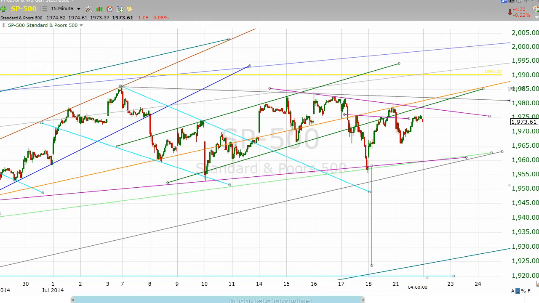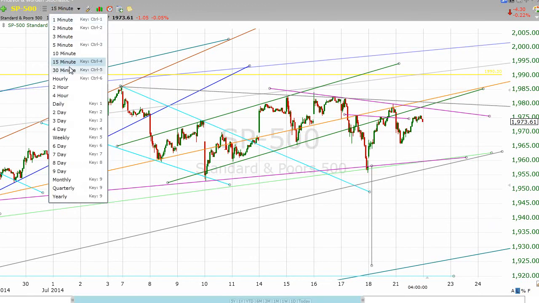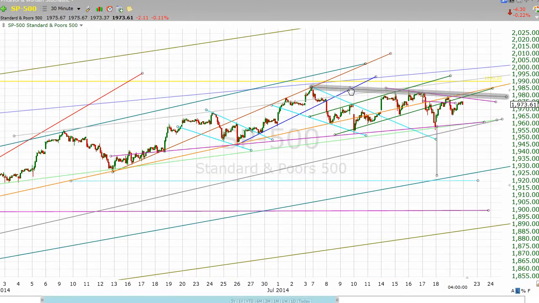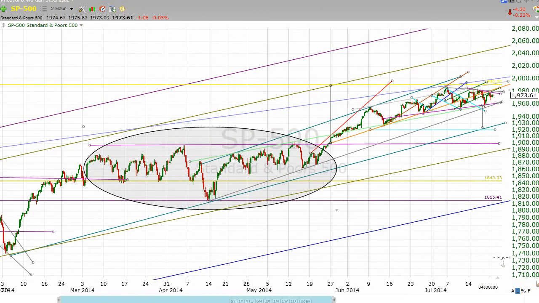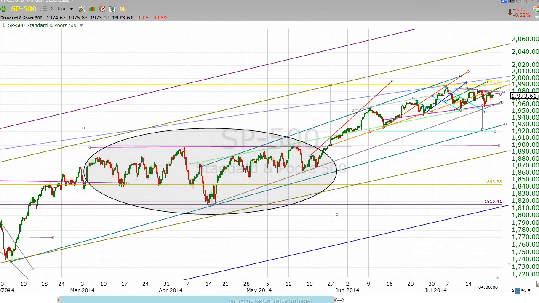If we were to shoot this line on out about like that, we could actually be saying that all of this is just a sideways consolidation that took place after the breakout from our inverted head and shoulders pattern. Okay, you get the picture there?